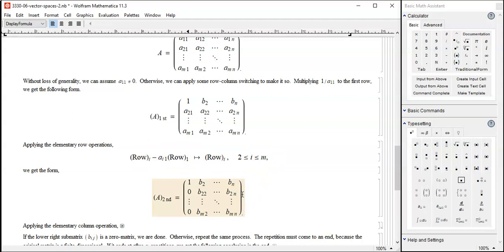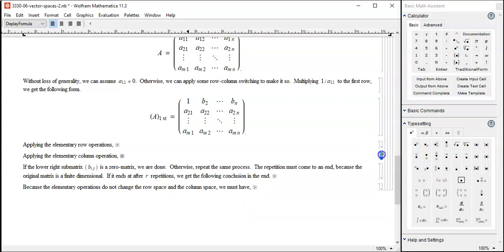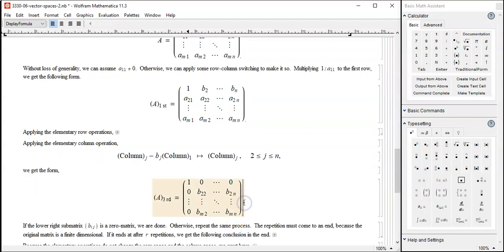And then we do exactly the same thing with elementary column operations. Multiply by B2 and then subtract, that'll kill off. Multiply B3 and kill off. Multiply Bn and subtract to kill off. And repeat. This is what we get. Same thing I just talked about. So what did you get? 1 and then 0s, 0s, and then we have the submatrix there.